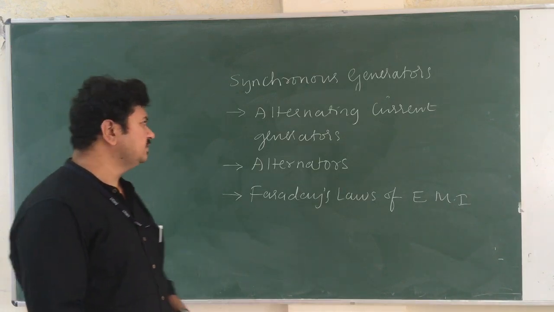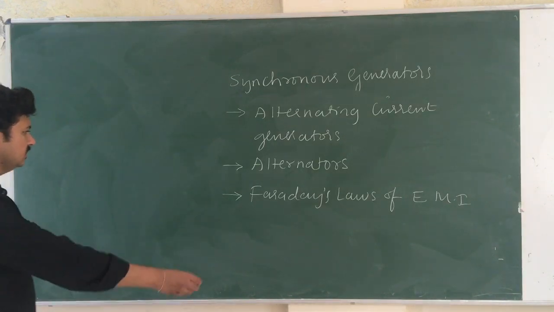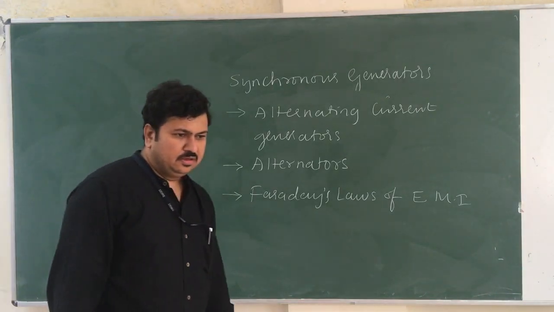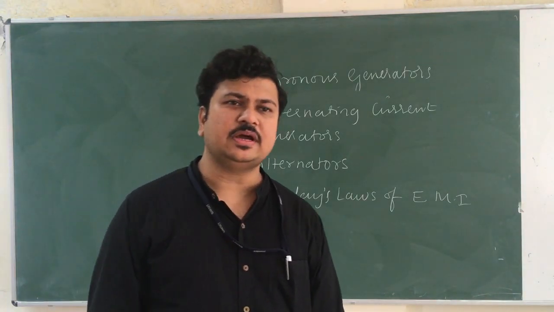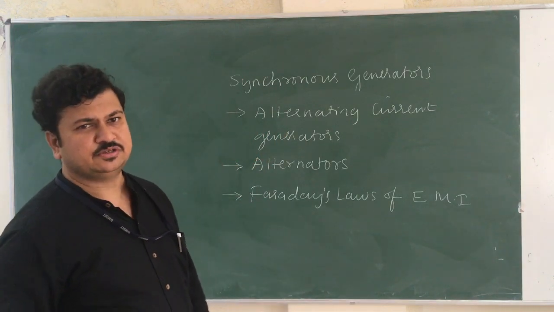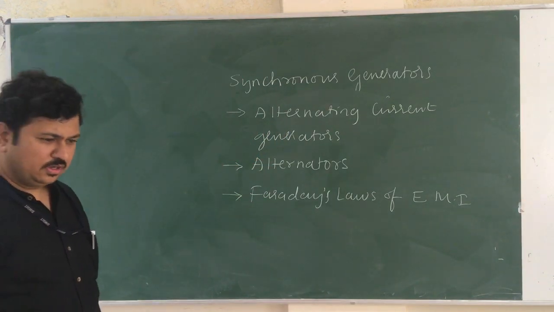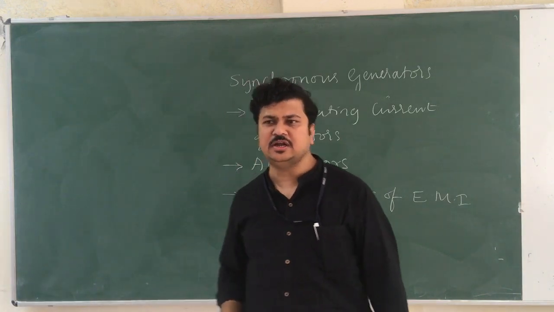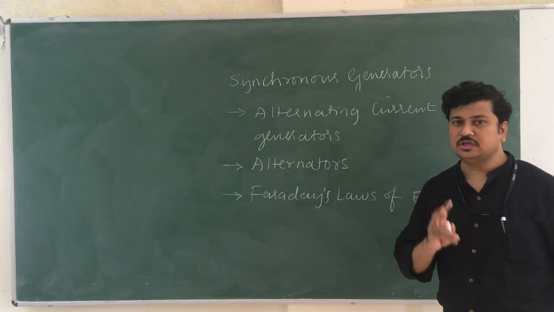As per Faraday's law, whenever the flux linking a conductor changes, an EMF is induced. Now, to induce an EMF in any coil, winding or conductor, I need two things.